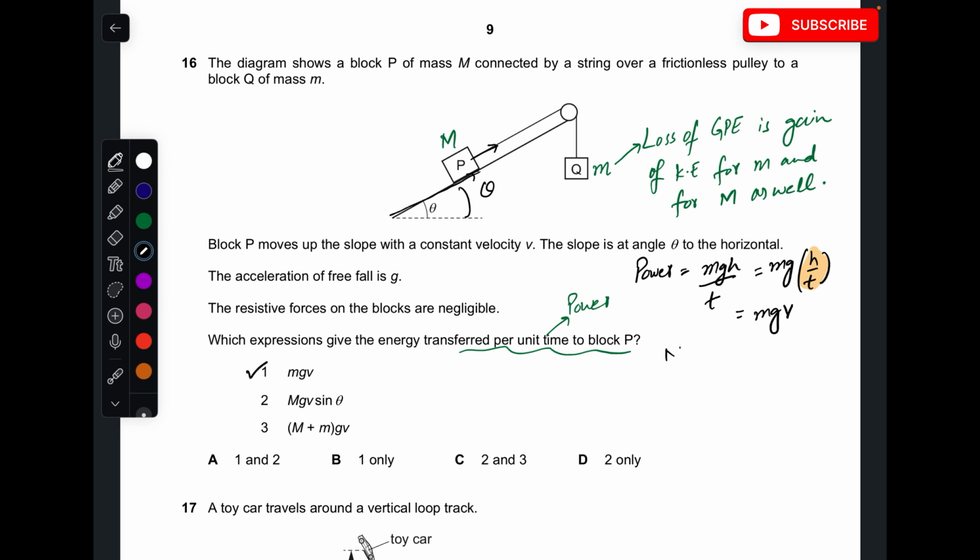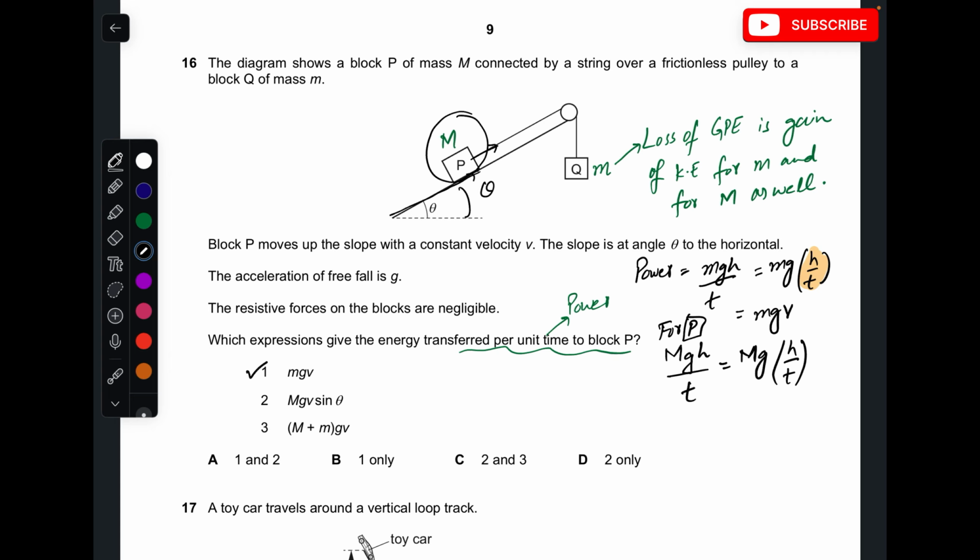For this P box, I can write mgh, that is the change in potential energy because it's gaining height, divided by time. It can be written as mg, and this is h by t.